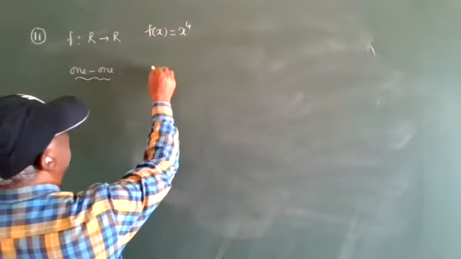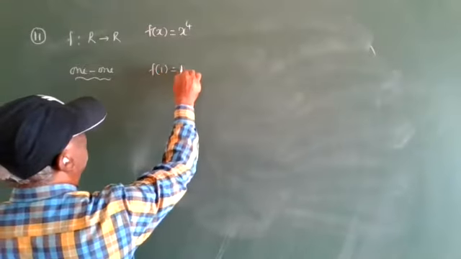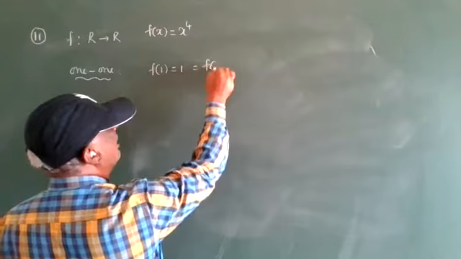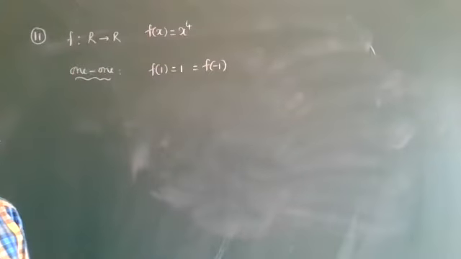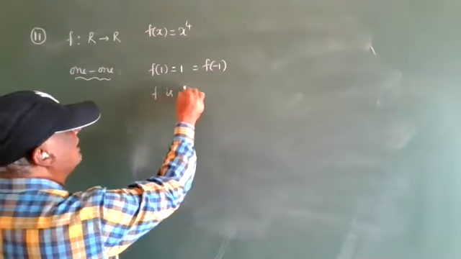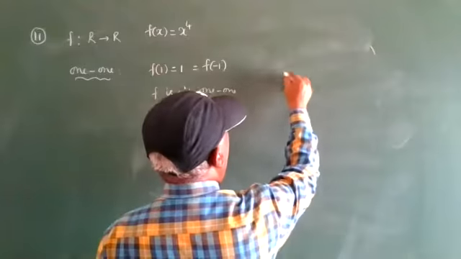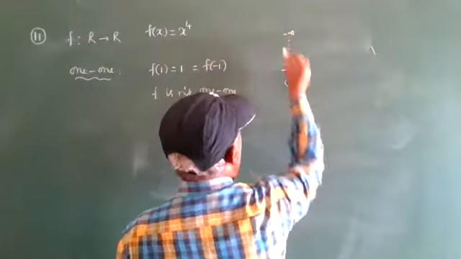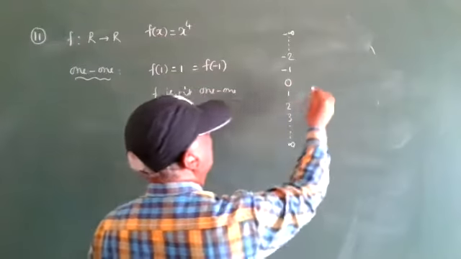Now we can substitute: f of 1 is equal to 1, and f of minus 1 is also 1. F is not one-one. So everyone see 0, minus 1, minus 2, minus infinity, and 1, 2, 3 up to infinity.